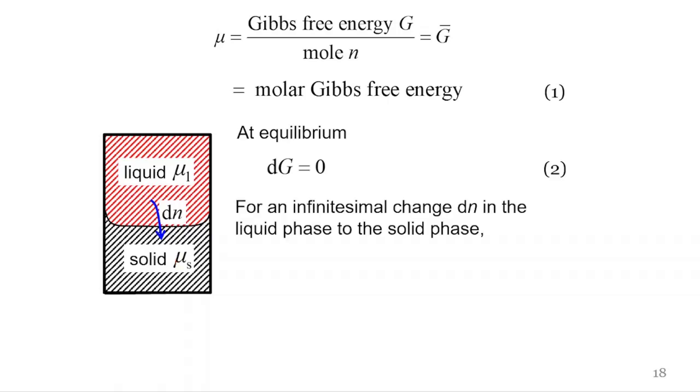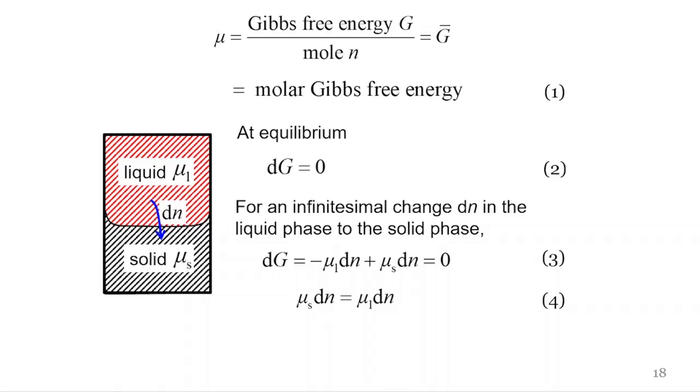When this happens, the Gibbs free energy will change, and the change in Gibbs free energy will be equal to the decrease in the Gibbs free energy of the liquid phase plus the increase in the Gibbs free energy of the solid phase, and both will be equal to 0 because the two phases are in equilibrium.